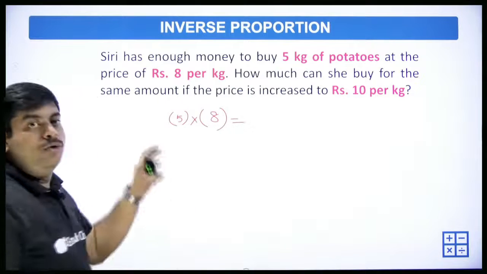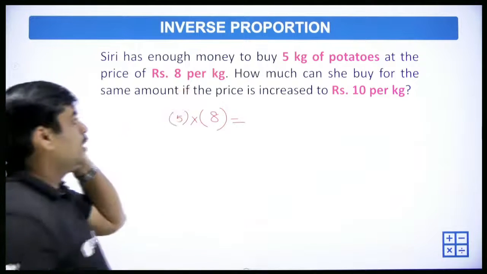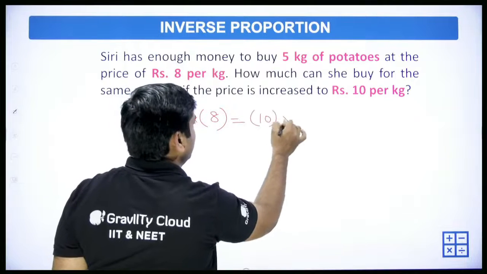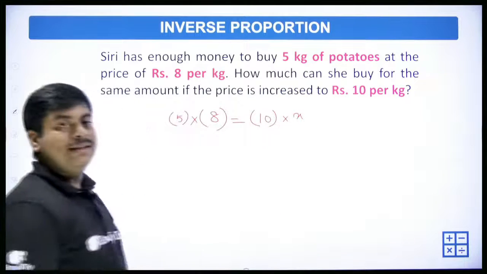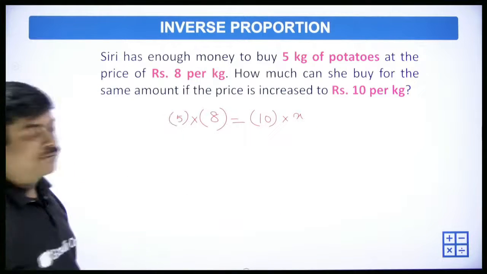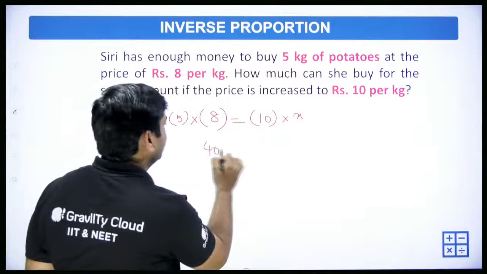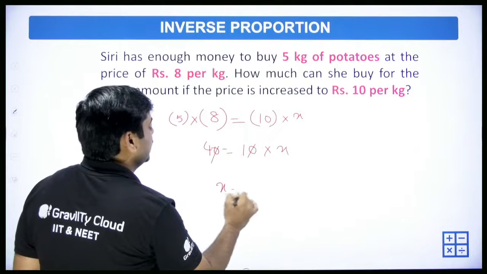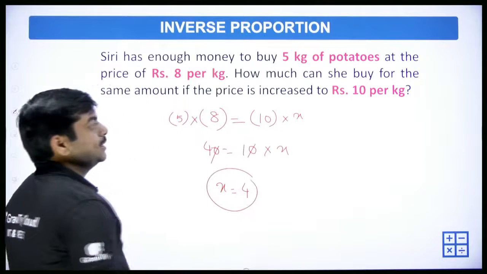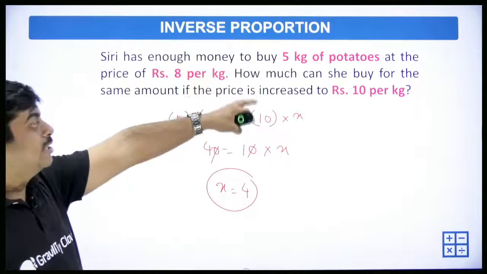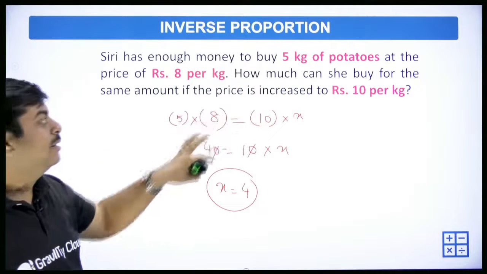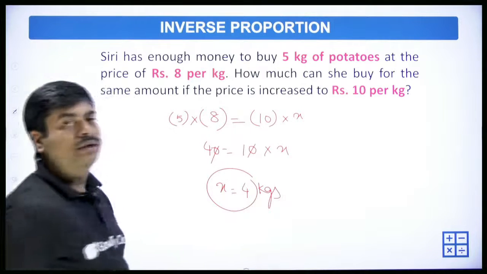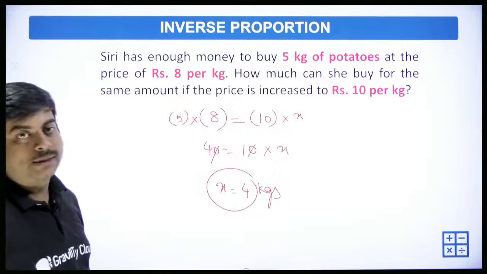For the same amount, now she should purchase a few things at rupees 10 per kg. So can we cancel? Yes. 5 into 8 is 40, is equal to 10 into x. So 0 and 0 get cancelled. We get x is equal to 4. So I can say that if every kg is costing rupees 10, then she can buy only 4 kgs of potatoes.